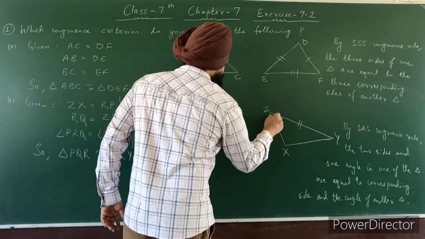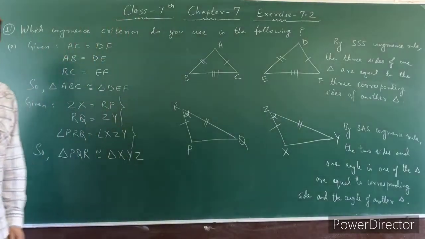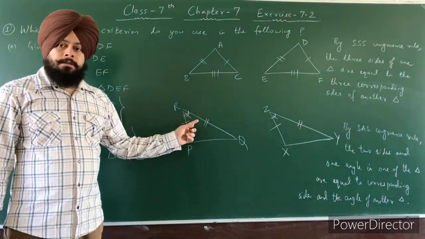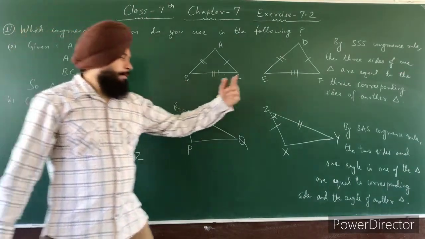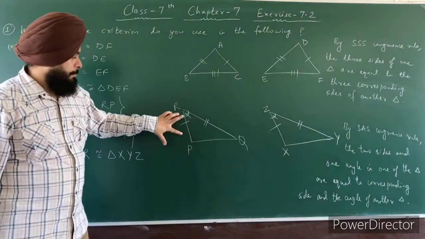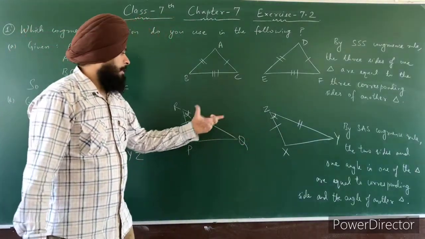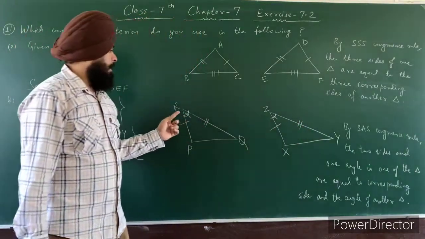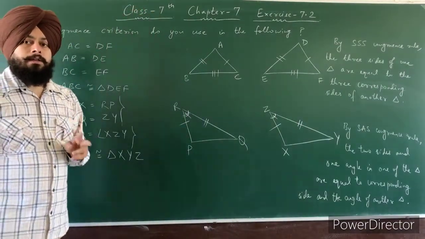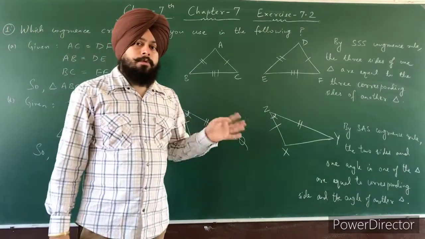XZY. This one. Alright. Now you can see here this angle is equal between the two given sides which are equal to the corresponding sides in the another triangle. So this RP is equal to ZX, RQ is equal to ZY, and this angle R is equal to angle Z. It means two sides and one angle are given equal in both of these two triangles.